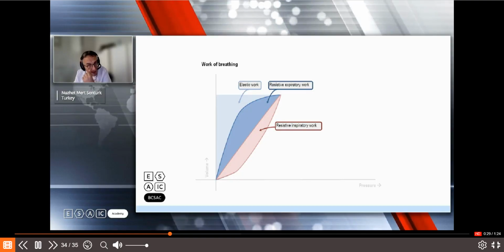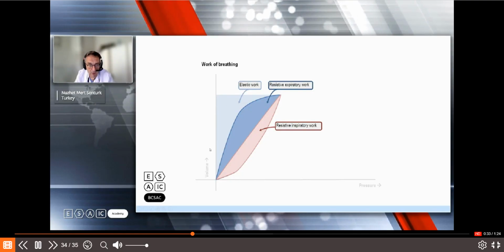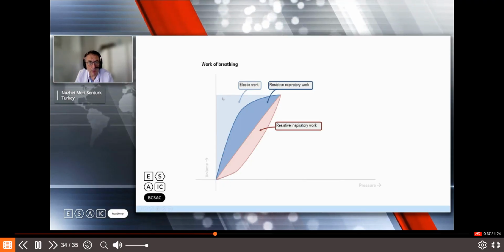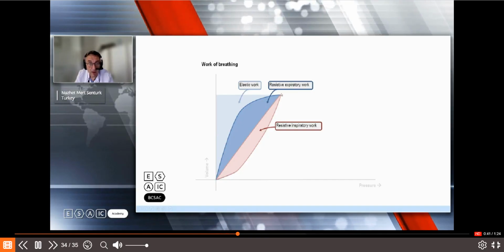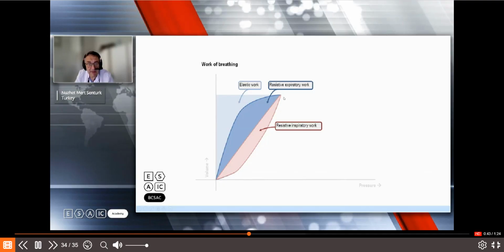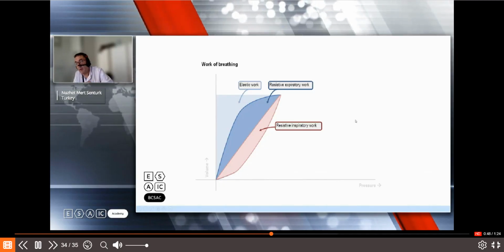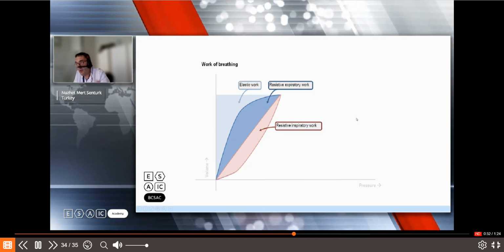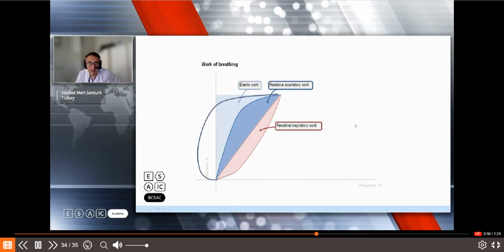And this would be the addition of the elastic work, which is to create a volume within the alveolus, plus the resistive inspiratory work, which is the energy that I have to apply to deal with the resistance in the airway.